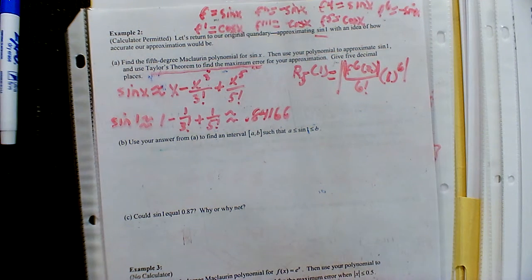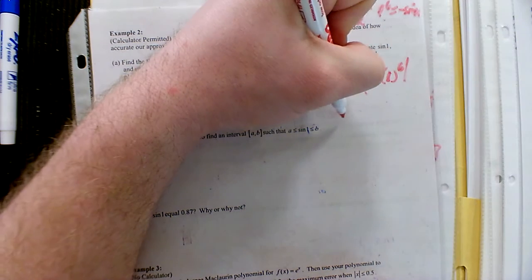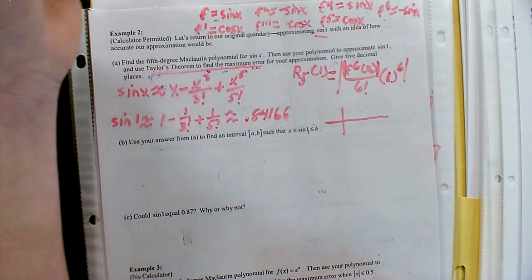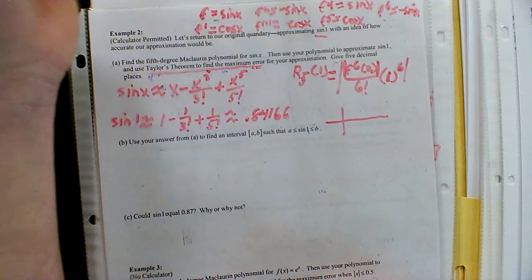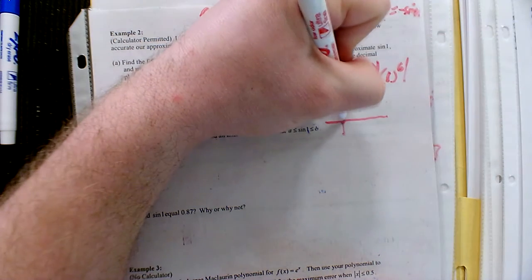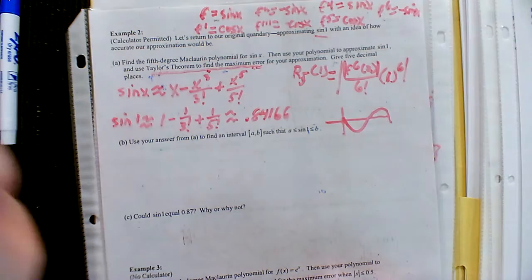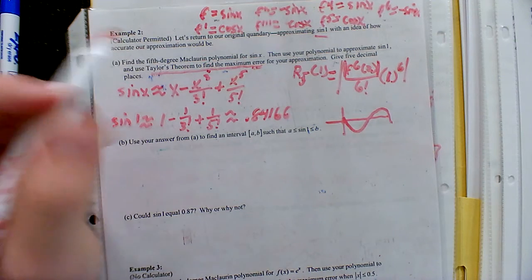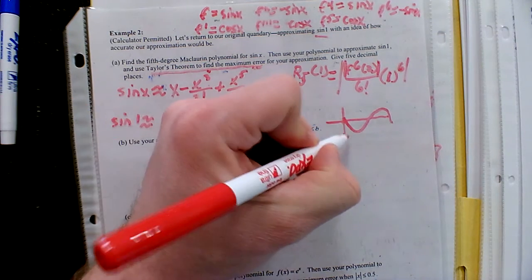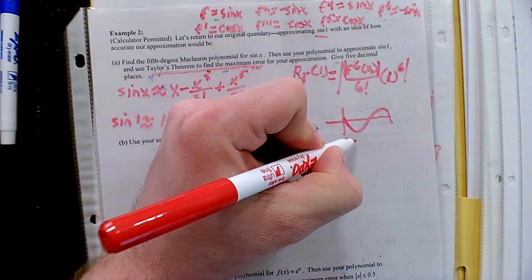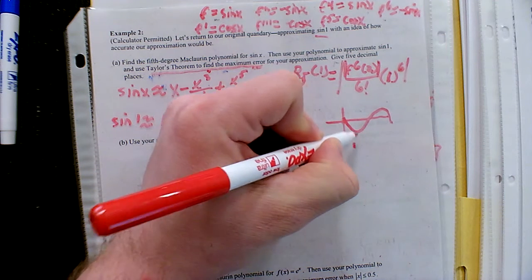So if you think about it as a picture, I'll draw a picture here to start. Coordinate plane. And we think about sine. Well, this is negative sine, so it's going to start at 0. It goes like this and back and forth. So that would be negative sine. And we're going from 0 to 1.